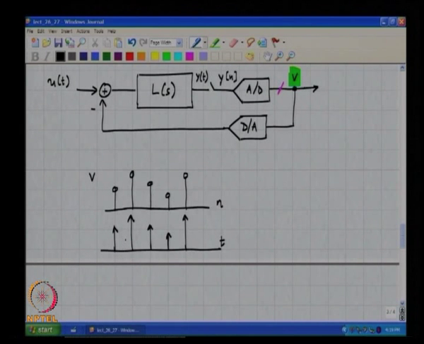The sampling rate of the D to A converter. So if I call this 0, 1, 2, 3, 4 and so on, I can still call this 0, 1, 2, 3, 4 and replace t with t by Ts. In principle this is what a D to A converter will do. It will take a discrete time sequence and convert it into a continuous time waveform. This is an analog waveform. It so turns out that its levels are quantized because the input is that way.